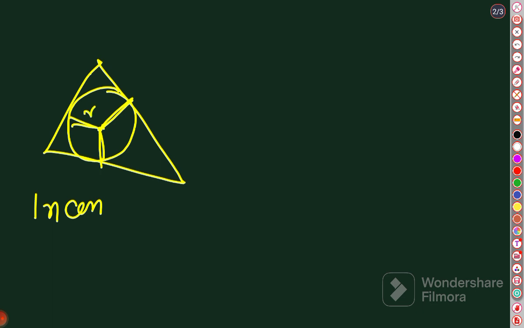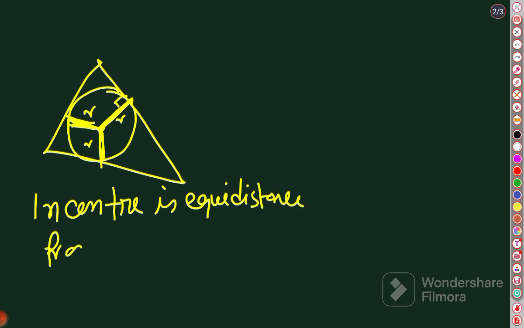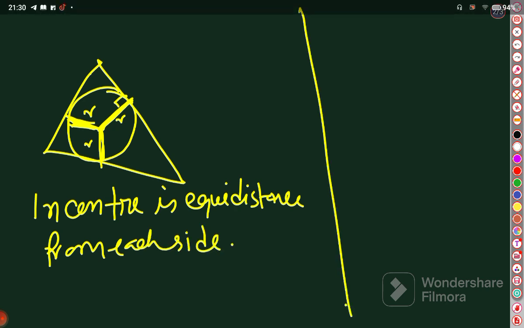These are all radii, the perpendicular distance between the incenter and the side. So this is perpendicular on each side, that is why this is the distance. So the incenter is equidistant from each side.